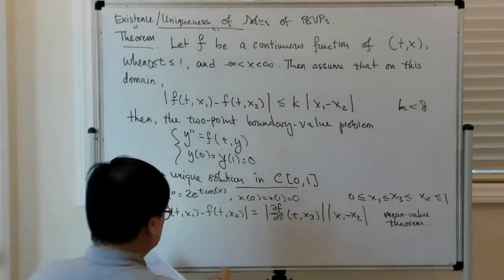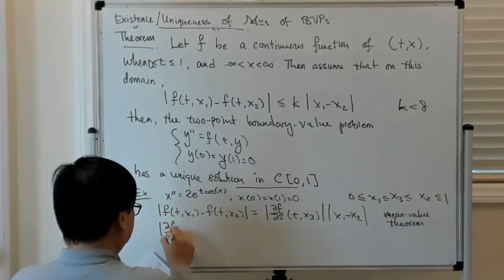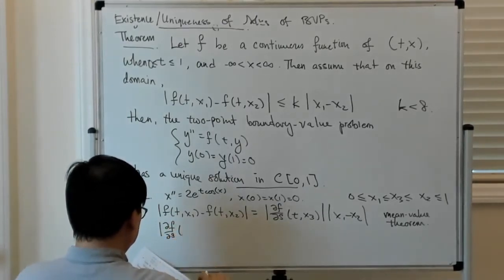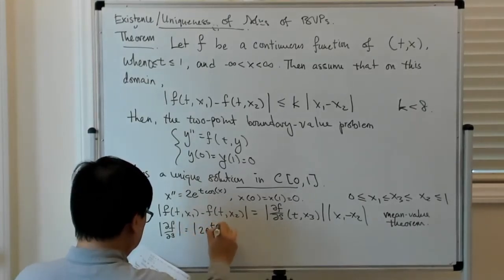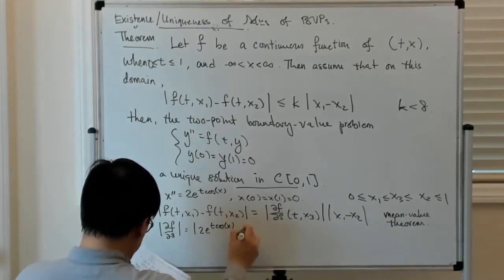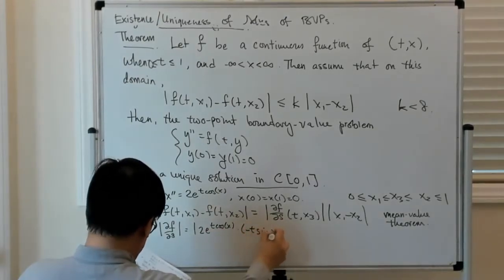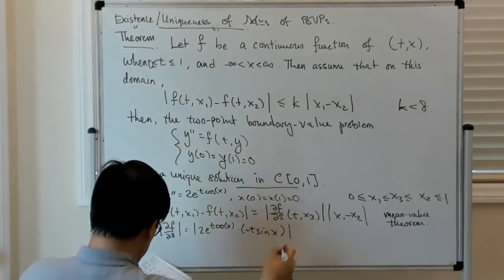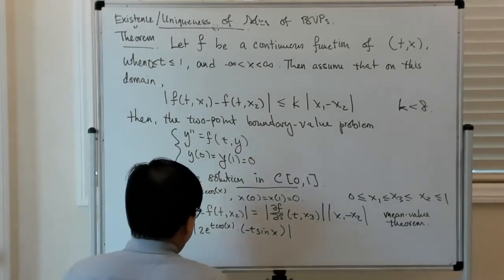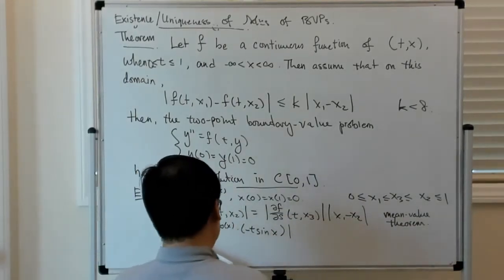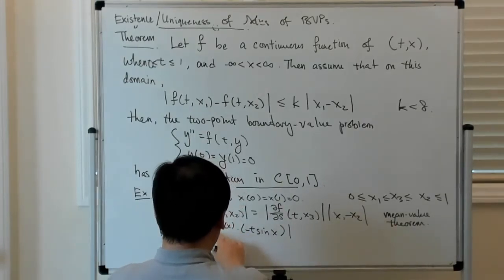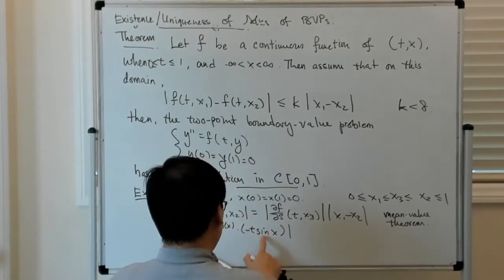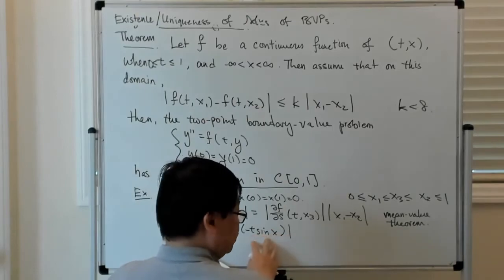Okay, so let's calculate that. df/dx equals 2e to the t cosine x times minus t sine x. We're just going to do a very crude estimate. So t times cosine x is less than or equal to 1, and the same thing for t sine x in absolute value is less than or equal to 1.